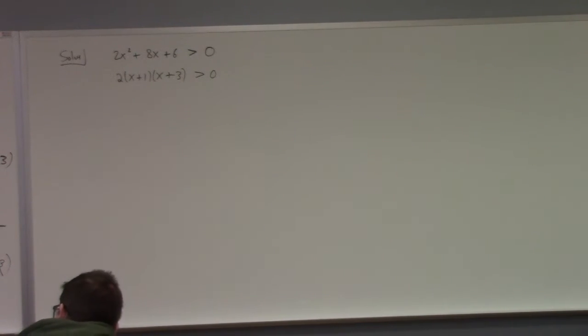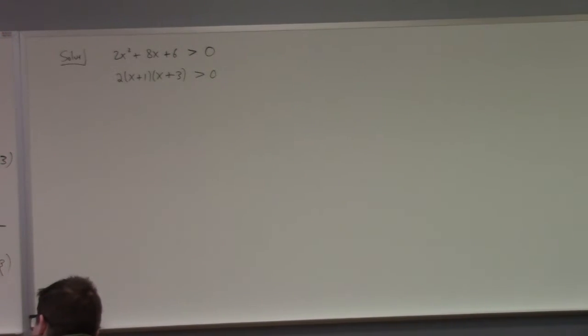Now, this is a quadratic, so it's everywhere continuous, right? So to decide whether this is positive or negative, all we need to do is make a number line and put the places where it's 0. And then we just have to think about cases between those zeros. That will completely nail down where this thing is positive and where it's negative. And this strategy will work for other functions.